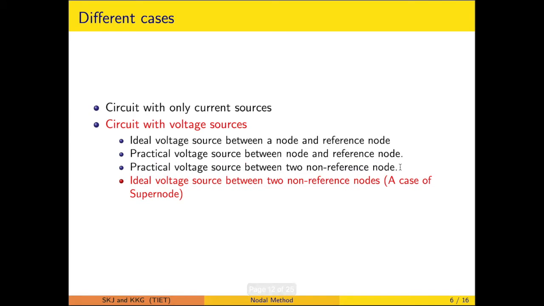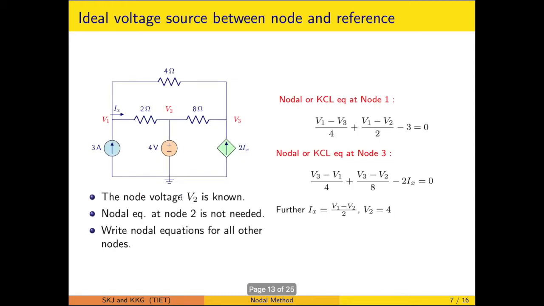And lastly, an ideal voltage source between two non-reference nodes. This is a special case, regarded as a case of supernode. This we will also be discussing in this discussion.